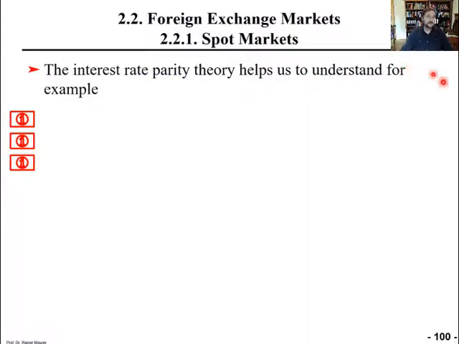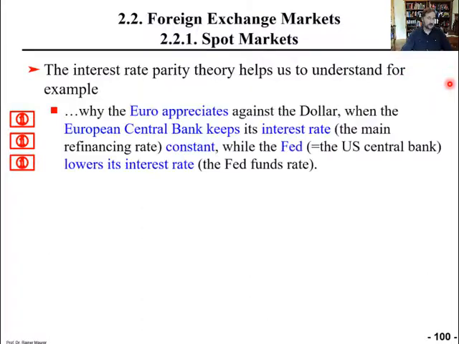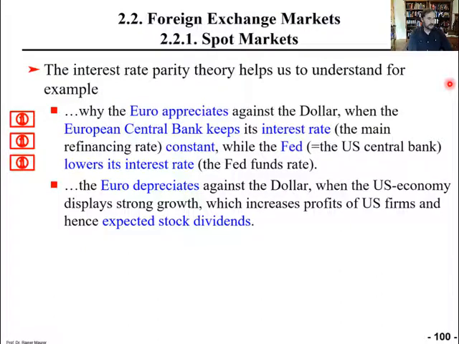The interest parity theory helps us to understand, for example, why the euro typically appreciates against the dollar when the European Central Bank keeps its interest rate constant while the Fed, the American Central Bank, the Federal Reserve of America, lowers its interest rate. Or why the euro depreciates against the dollar when the US economy displays strong growth, which increases the profits of US firms and hence expected stock dividends.